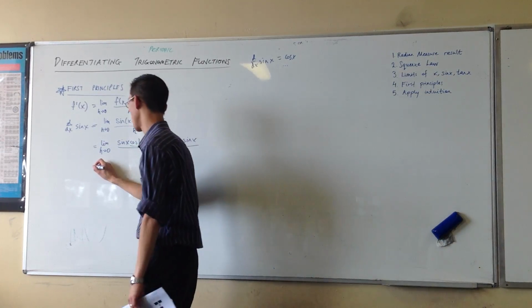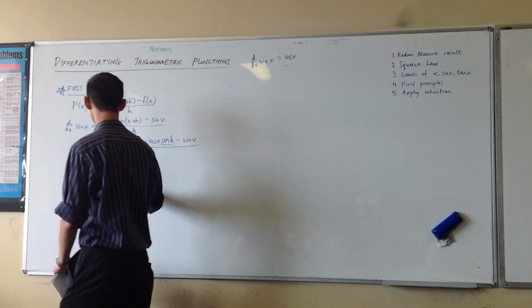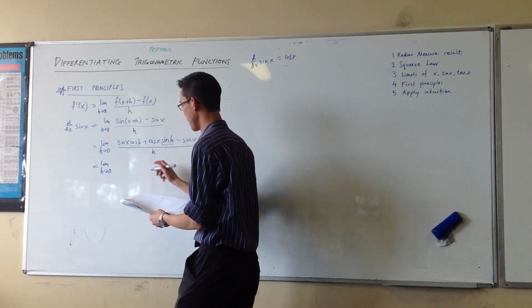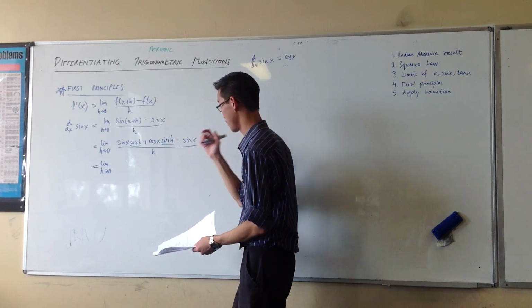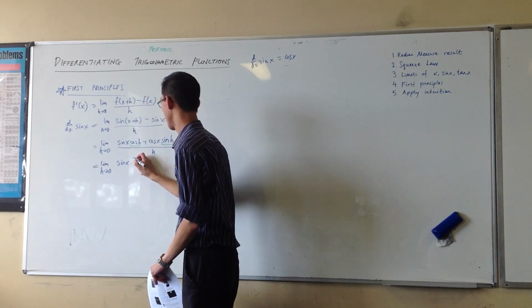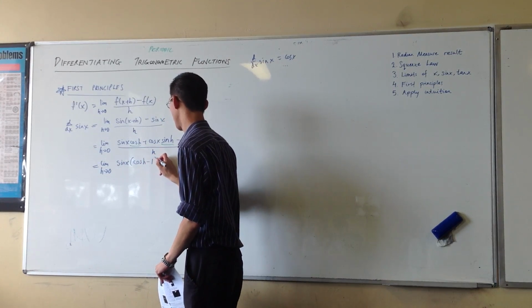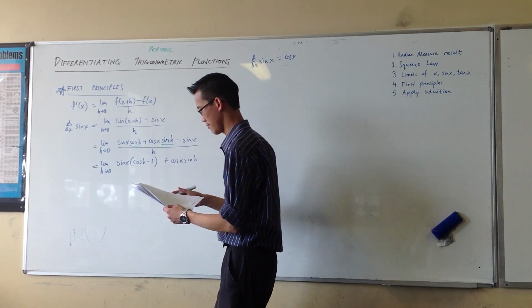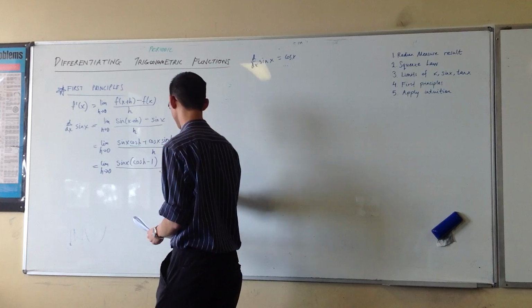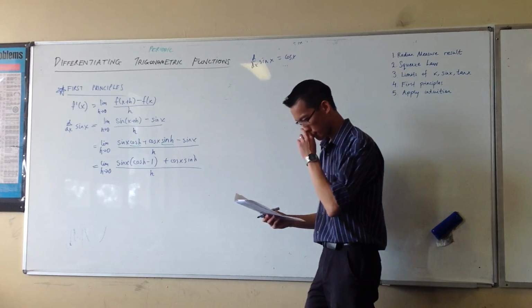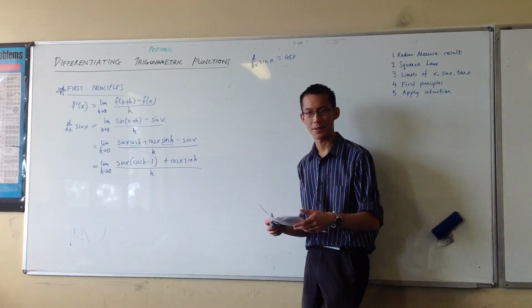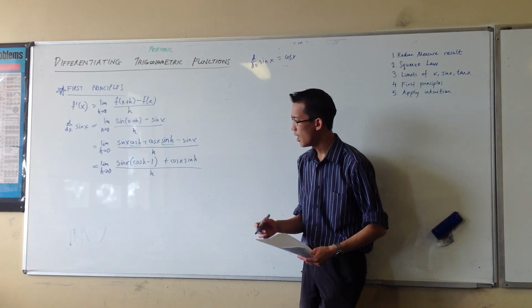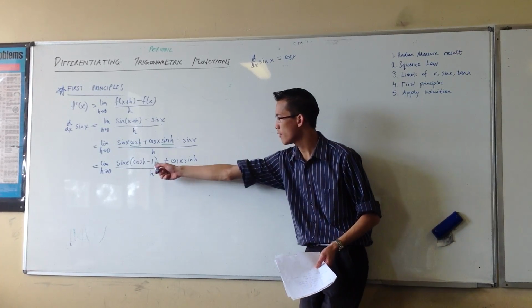Next line, let's go with this limit. And here's what we're going to put down. Make sure I write it correctly. I'm going to factorize first. Okay, now, at this point, why have I factorized?